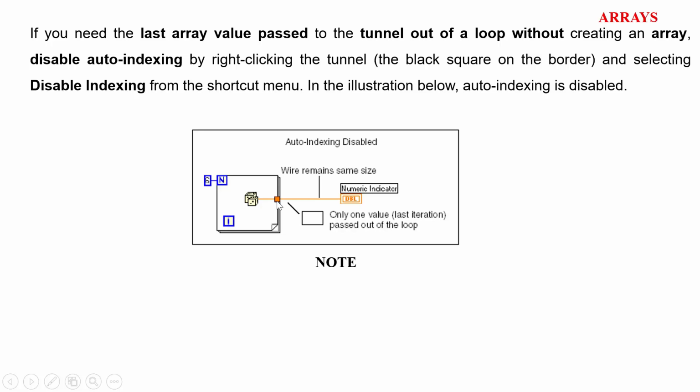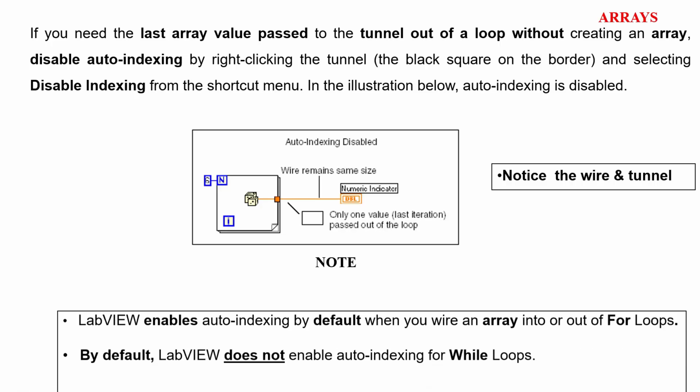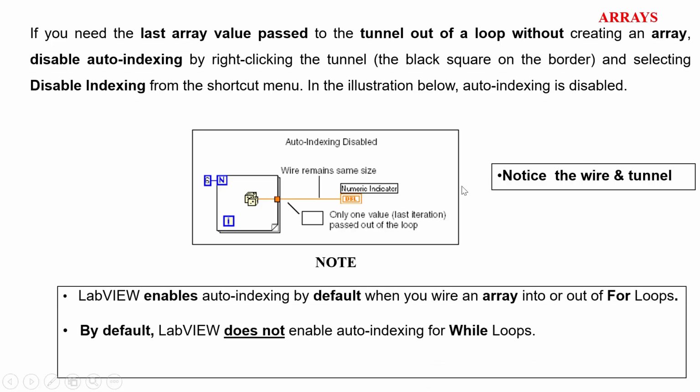Here, the auto-indexing is disabled by right-clicking the tunnel and selecting Disable Indexing from the shortcut menu. Notice the wire here is thinner, and the tunnel's appearance changes.